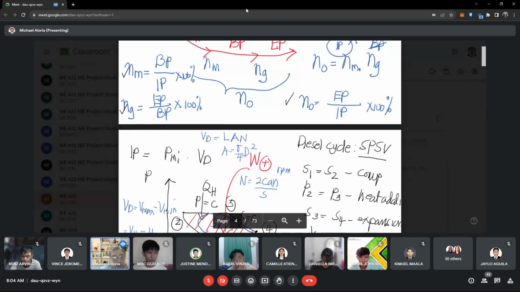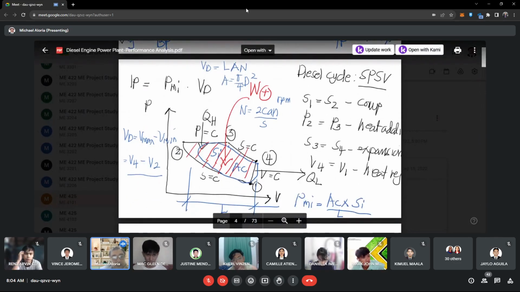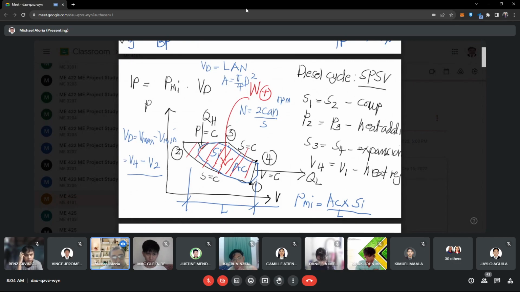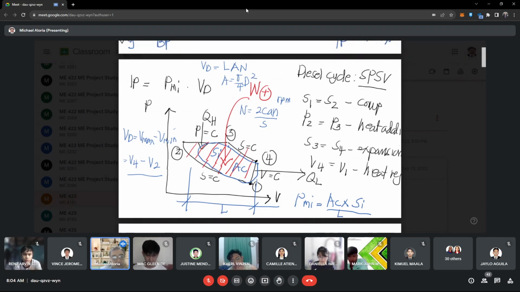Okay, so if we are going to trace in the PV diagram, if you can recall, in the diesel cycle, we have process 1 to 2, which is basically isentropic compression, and then process 2 to 3 is basically heat addition at constant pressure, and then 3 to 4 is isentropic expansion, and process 4 to 1 is isometric heat rejection.